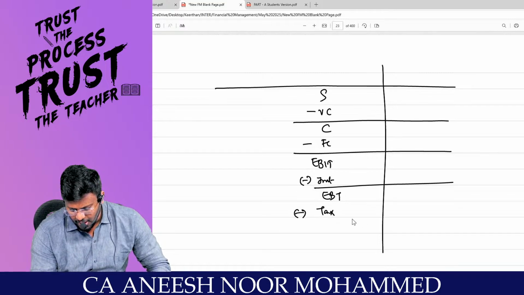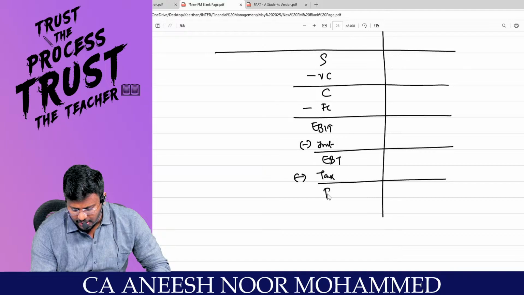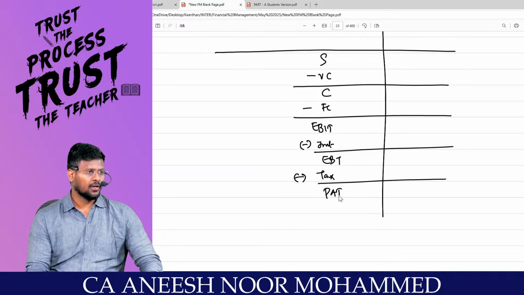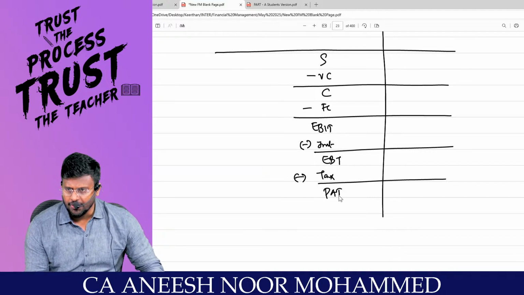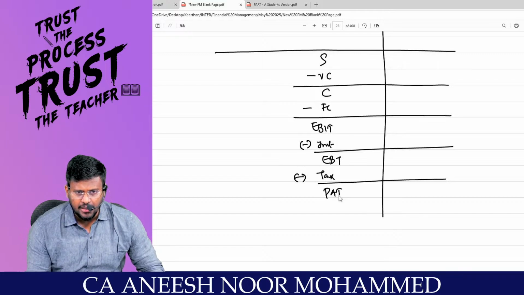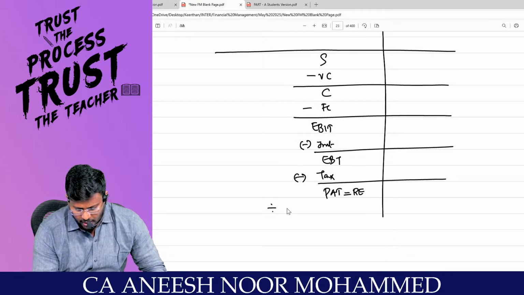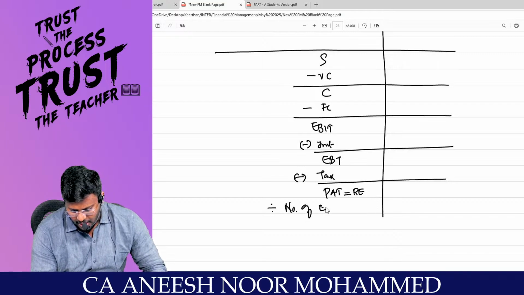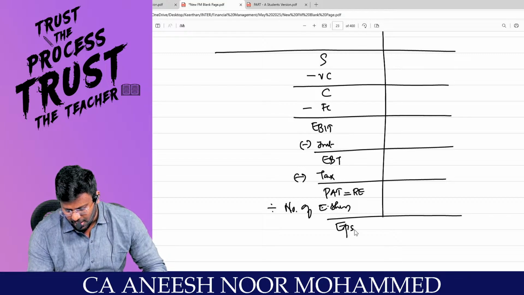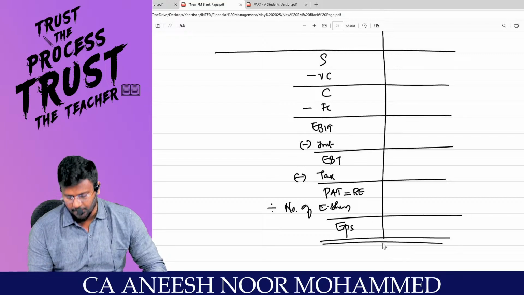From that, we pay the tax, and you get the profit after tax. Since there is no preference dividend, PAT will be exactly equal to the residual earnings. Residual earnings divided by the number of equity shares gives the earnings per share, EPS.